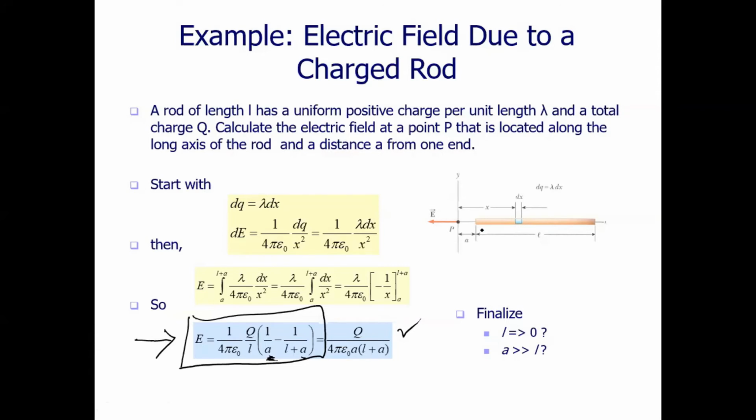Now, if A is much greater than L, what does it mean? Remember, L is the length of this rod, and A is this distance. So if A is much greater, it means that you are moving further and further away from this rod. As you move away, you start viewing it as a point charge.